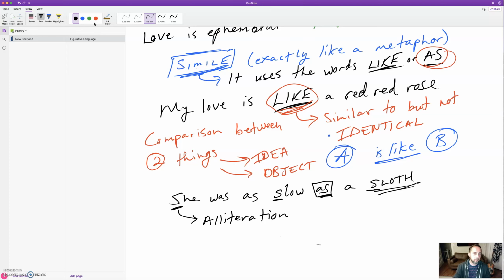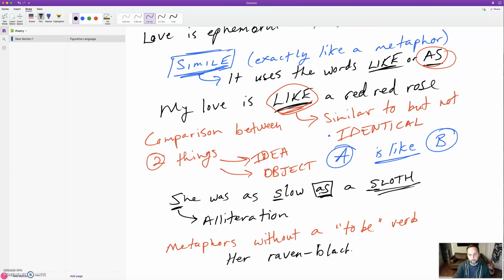Okay, now back to metaphors for a quick moment. In terms of metaphors, sometimes it doesn't give you the to be verb is. Okay, so if that's missing, it's still a metaphor. If I say her raven black hair, it's still a metaphor, but in English you don't always have a to be verb, right, in the middle.